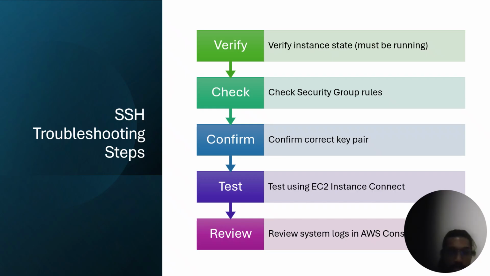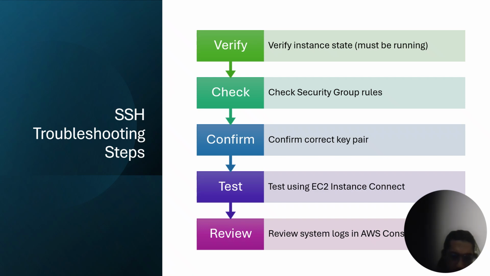We learned about the issues, now there are some troubleshooting steps we will check out. First of all, verify the instance state must be running. Ensure your EC2 instance is running and has a valid public IP address. Check the security group rules. Always review the security group's inbound and outbound rules.